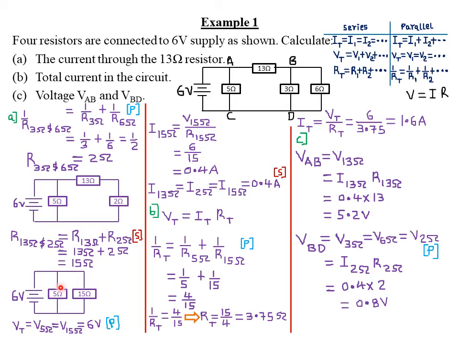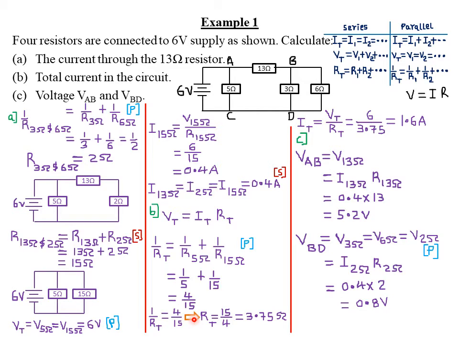Therefore, 1 over R total must be equal to 1 over 5 plus 1 over 15, which gives us 4 over 15. So 1 over R total, or effective, equals 4 over 15.